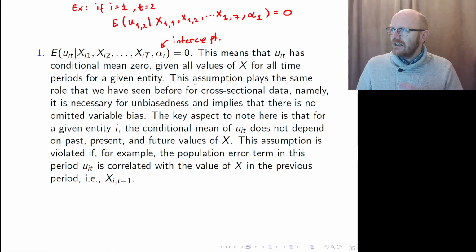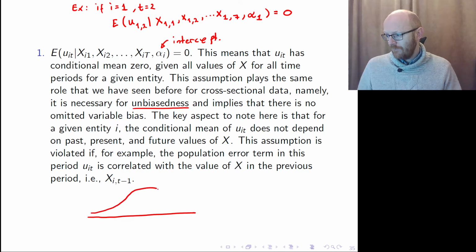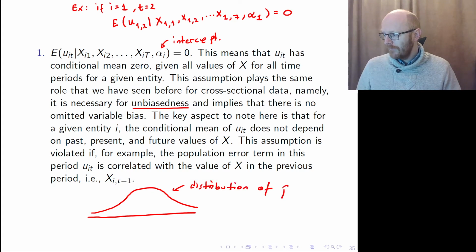And this is actually quite important because it would provide unbiasedness. And why do we care about unbiasedness? It's because if we have the distribution of our slope, remember, the slope is our key interest, okay?